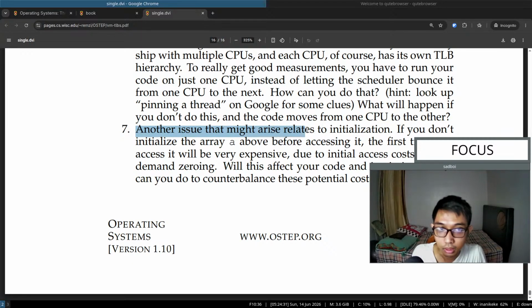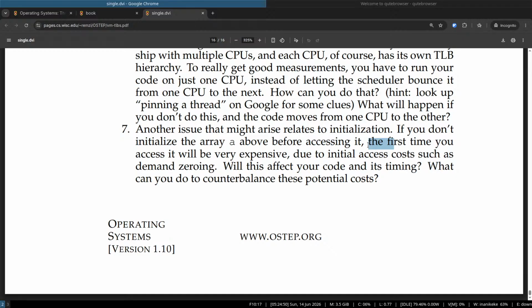Another issue that may arise relates to initialization. If you don't initialize the array A above before accessing it, the first time you access it will be very expensive, due to initial access costs, such as demand zeroing.